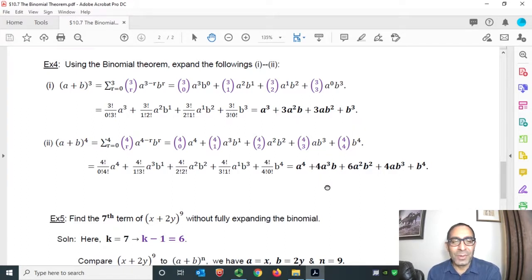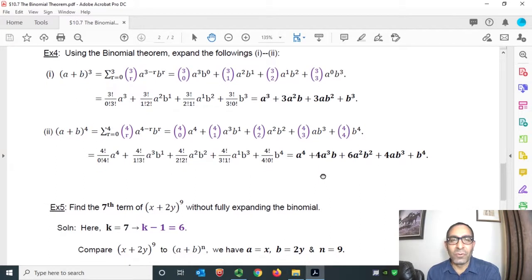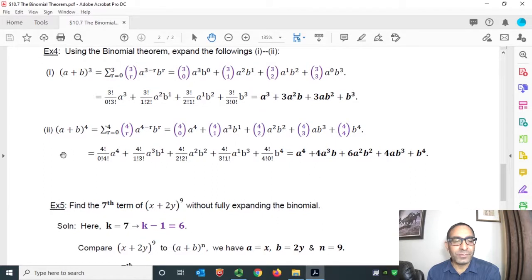So now let's move on. Let's do example 4 part 2. Let's expand using the binomial theorem the binomial a plus b raised to the power 4. Then this equals, using the binomial theorem, so here the first binomial coefficient is 4 choose 0 times a raised to the power 4 times b raised to the power 0.